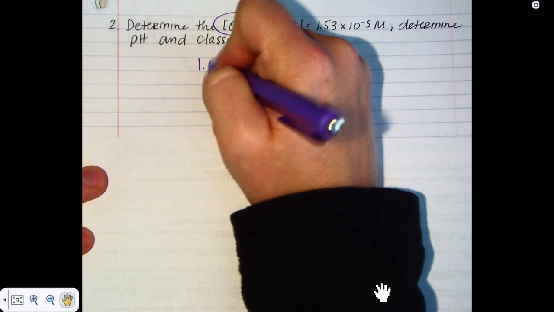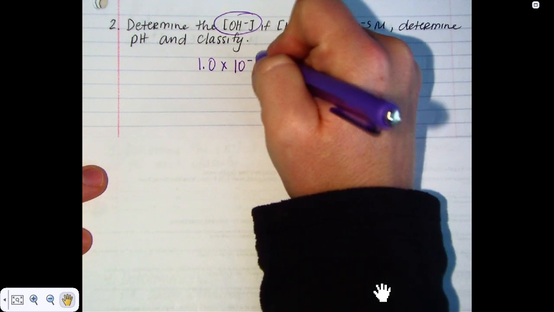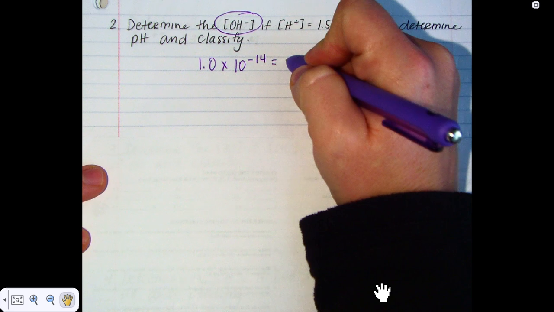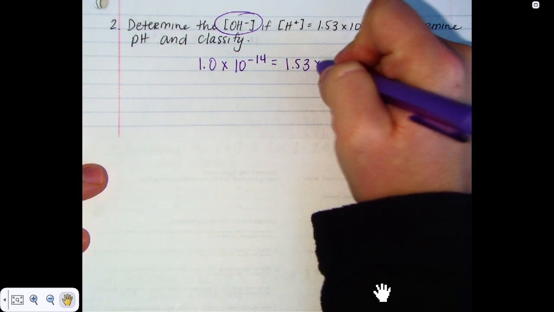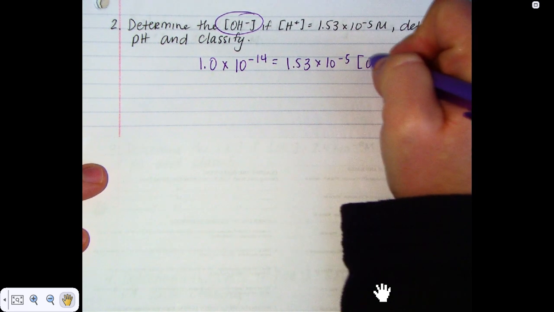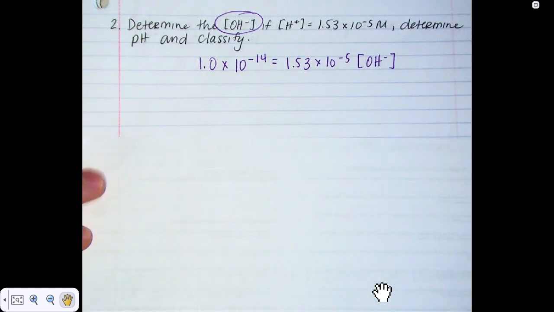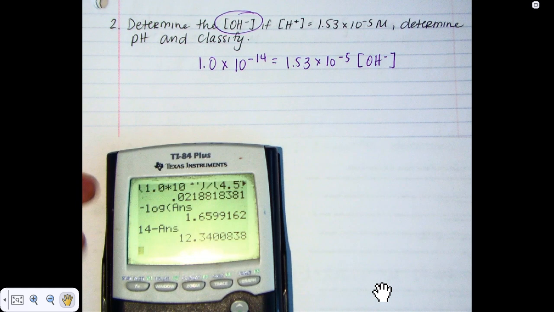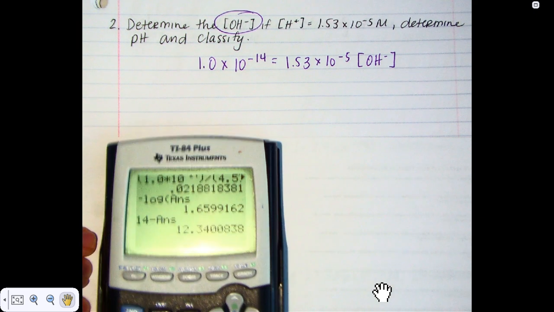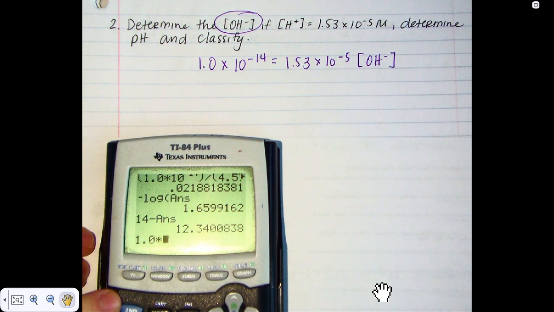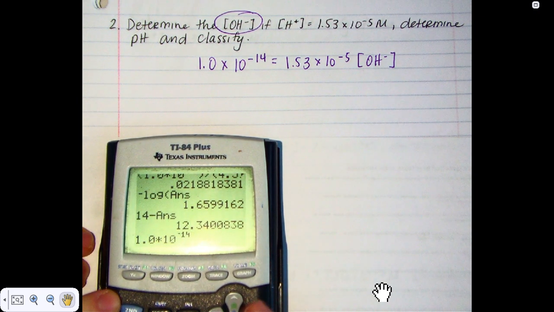So 1.0 times 10 to the minus 14 is equal to 1.53 times 10 to the minus fifth times the OH minus, and we are going to divide by that 1.53 times 10 to the minus fifth. So 1.0 times 10 to the minus 14 divided by 1.53 times 10 to the minus fifth.